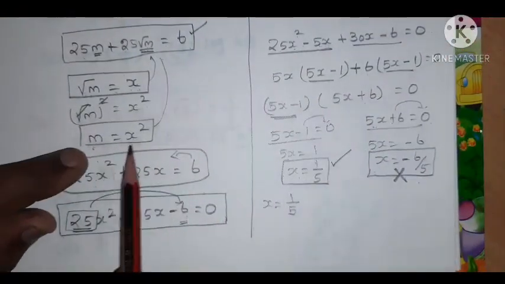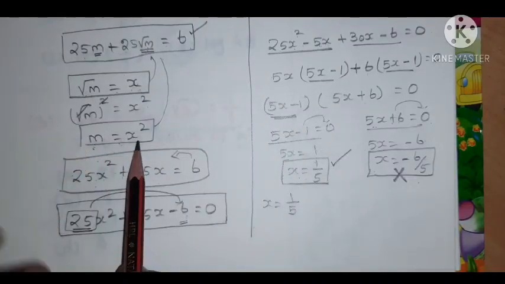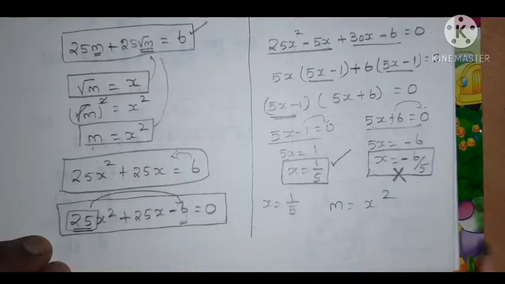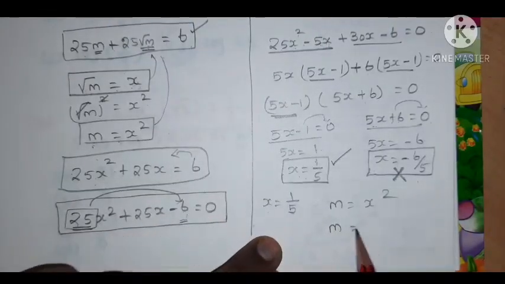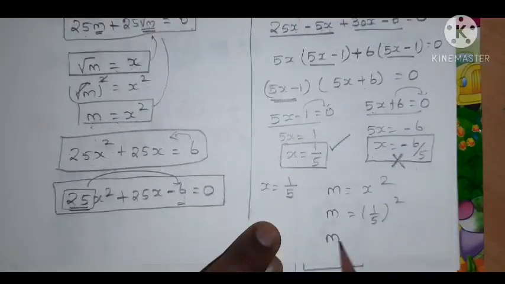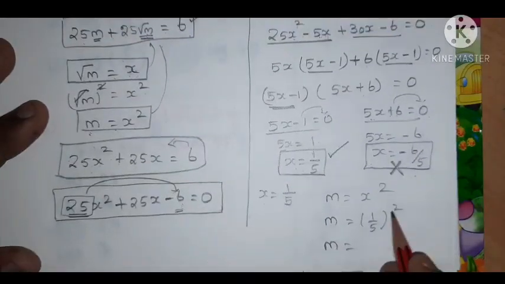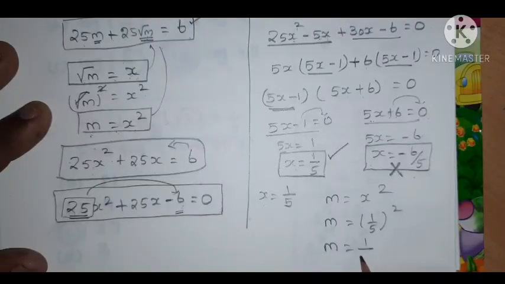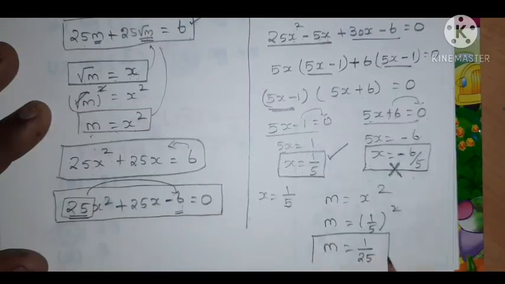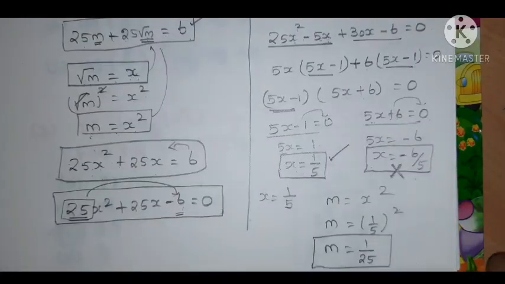We assumed that m is equal to x squared, where x we found. So m is equal to x squared. We know the value of x. x is 1 by 5, whole squared. So m is equal to, what is the value? 1 by 5 whole squared is 1 by 25, because 1 squared is 1 and 5 squared is 25. m is equal to 1 by 25.